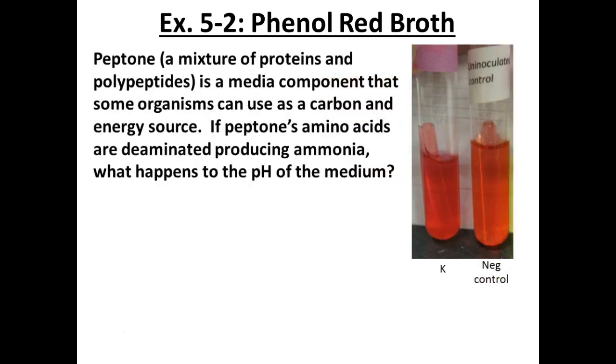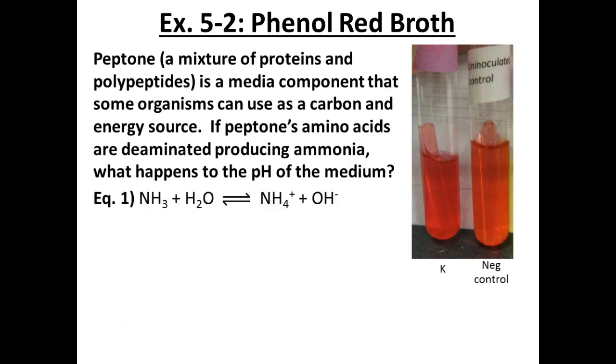Peptone, as we saw in the formula, is a mixture of proteins and polypeptides. Some organisms can use that as a carbon and energy source, in a process referred to as deamination. In this process, it produces ammonia. Ammonia does what to the pH of the media? It's basic, so it increases the pH, right?